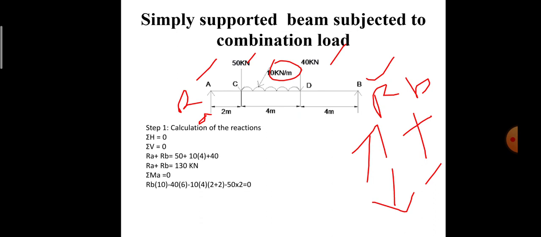The next equilibrium condition is that the summation of all the moments about either of the supports is equal to 0. We can take either A or B as a reference point. I am taking A as the reference point. Here I have taken anti-clockwise moments as positive and clockwise moments as negative.